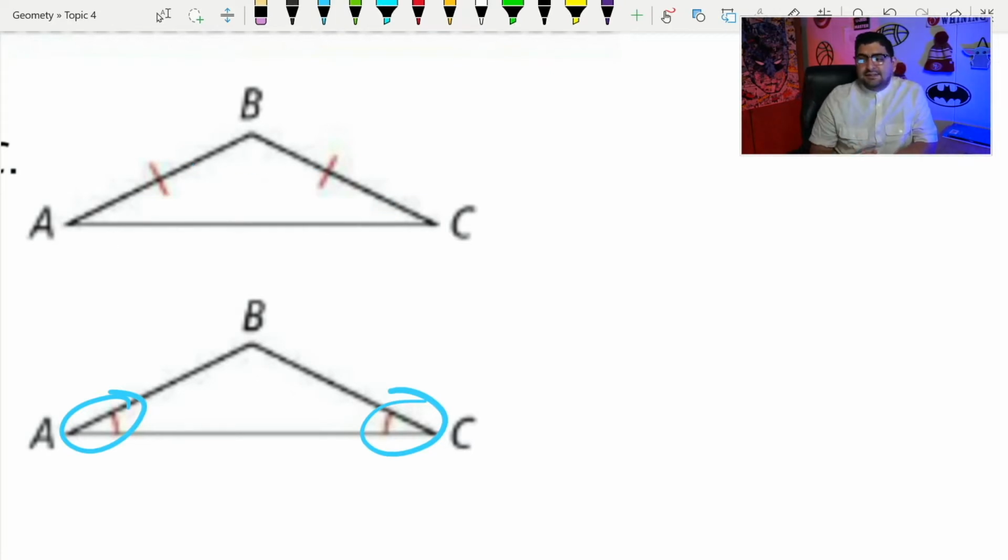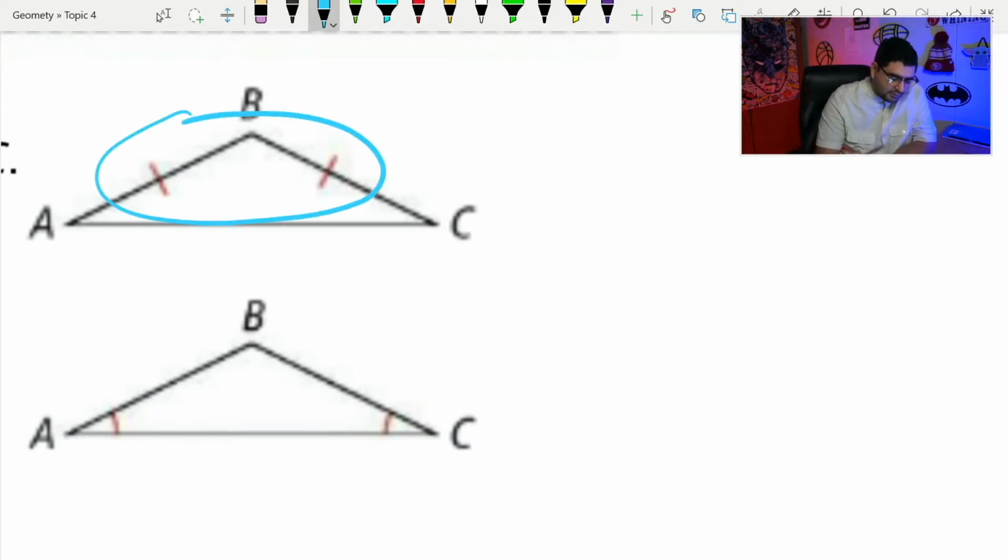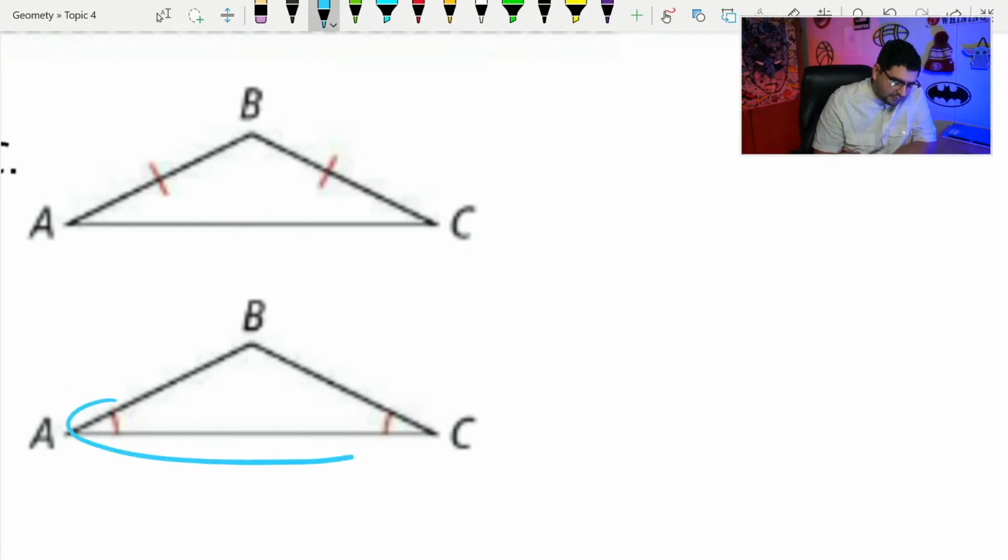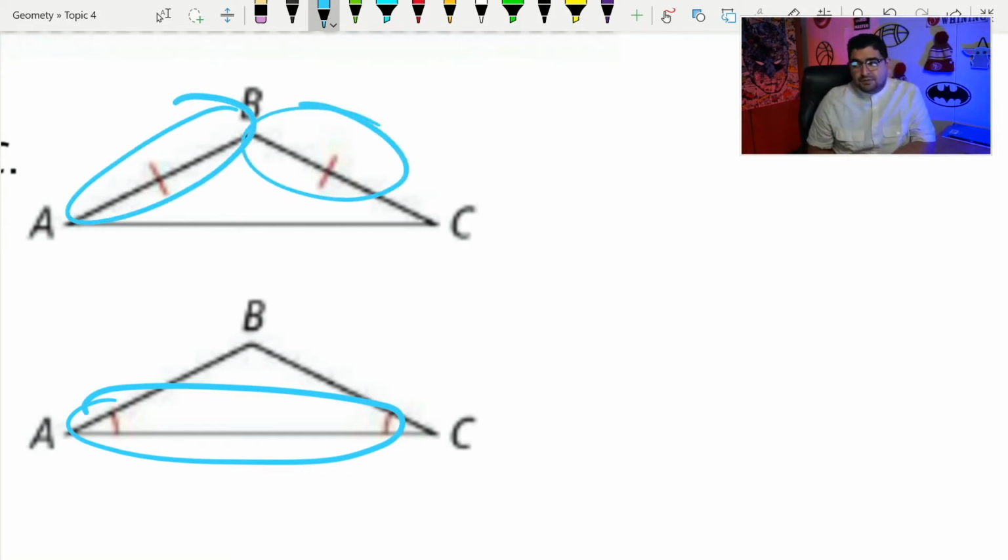And the nice thing is that there's a theorem that tells us that if you have two equal sides, you know that these two angles are equal. Or vice versa: if we have two angles that are equal to each other, on opposite sides, then we know that these two sides have to be equal to each other.